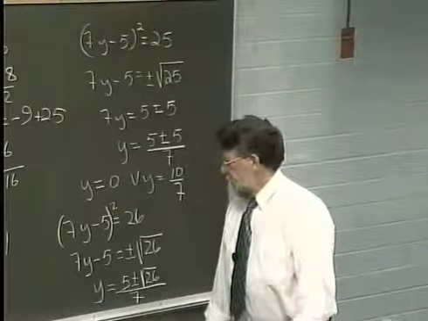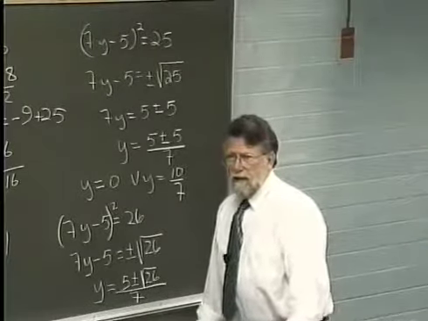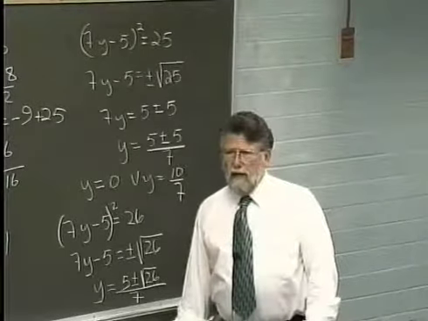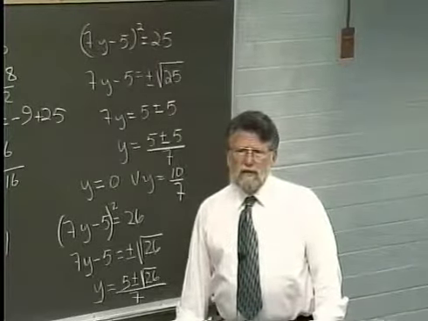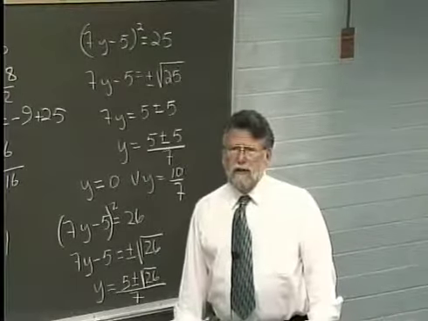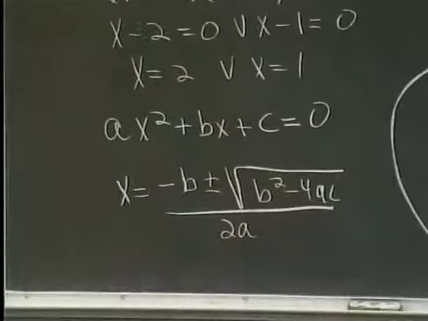Okay? Now, Debbie, using camera 1, would you go to the quadratic formula, bottom left side front board, where we have x equals minus b plus or minus the square root of b squared minus 4ac. What I'm going to do is contrast the form I had there with what we have right here.